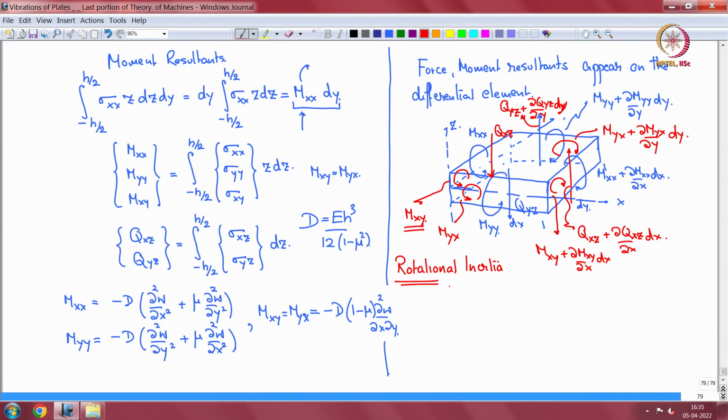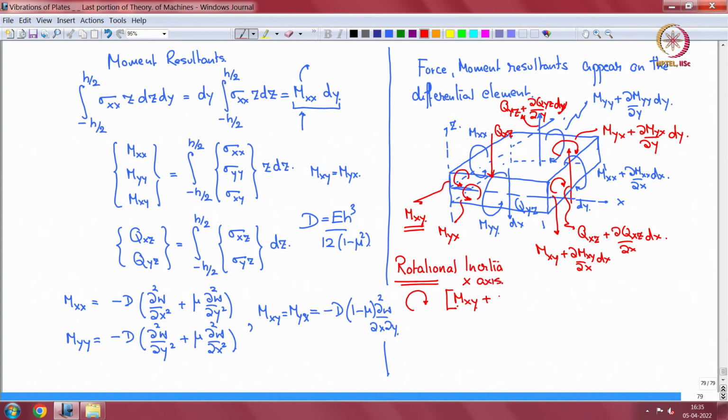So what do we get if I take the first equation? If I take this moment to be positive, we are taking moments first about the x axis.